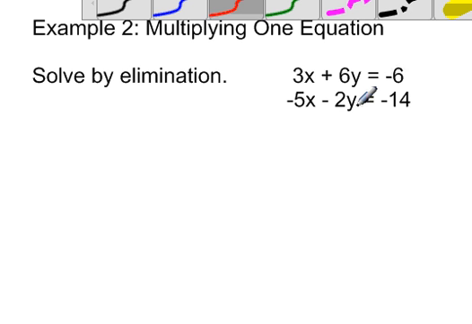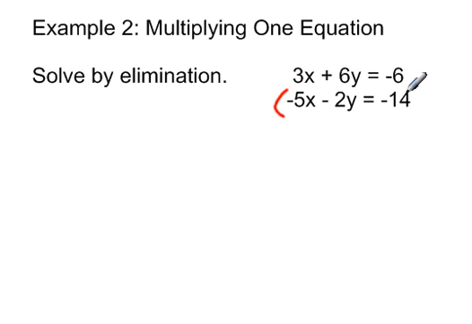So if you notice, if we multiplied this 2 times 3, we would get a negative 6. Which means if we had a positive and a negative, we can obviously add those two together and they would go away. So since I see that, I'm going to multiply everything in this equation by 3.